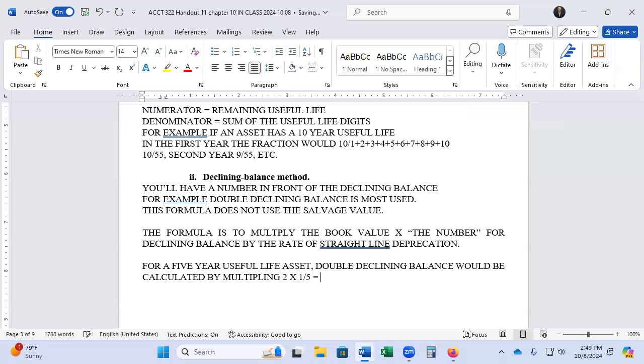So that's going to be equal to 2 times 0.2 or 20%. And so that would equal 0.4 or 40%.